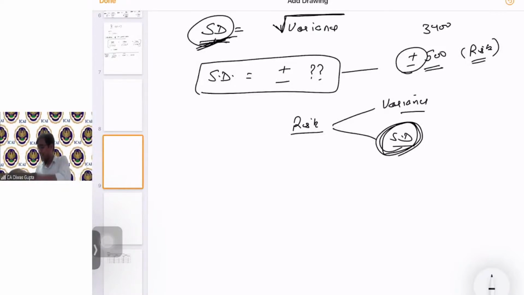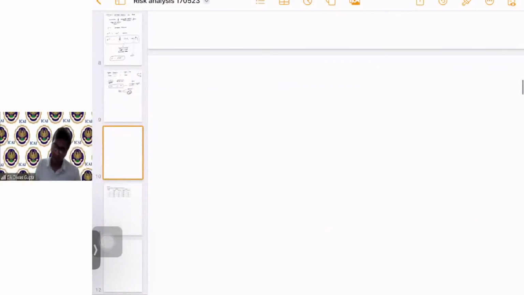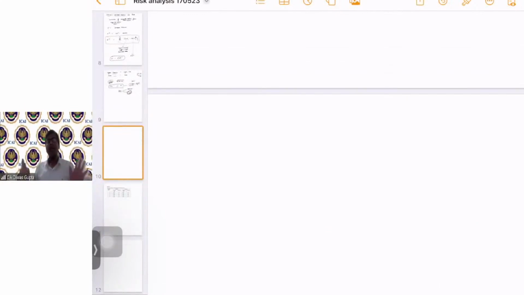Now let us go to a very interesting question. Now, students, hear me out. I'm just wrapping up the entire discussion on average and standard deviation, which is mean and standard deviation, okay, which is average and risk.